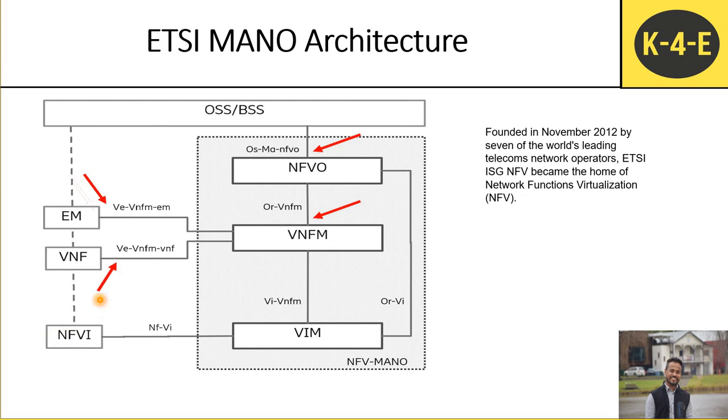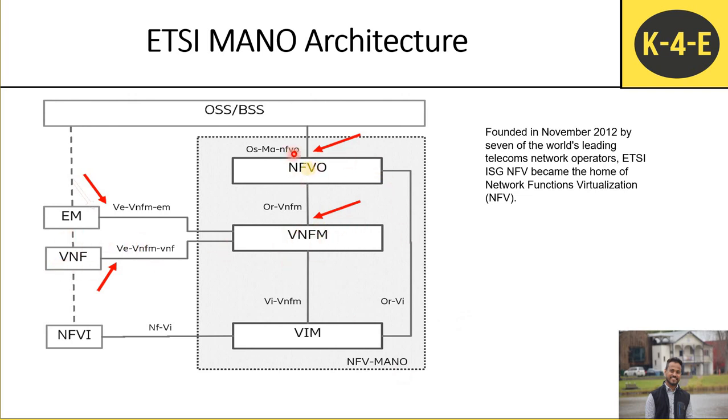So this is your ETSI MANO architecture. See, it is a very complicated network architecture. If you see it for the first time, or if you try to dig into it, you will get very confused by what terminology they are using. But I am explaining it in very layman terms. This is your layer 1, which has your actual OpenStack and VMware. Then you have a manager which is going to create a virtual machine.